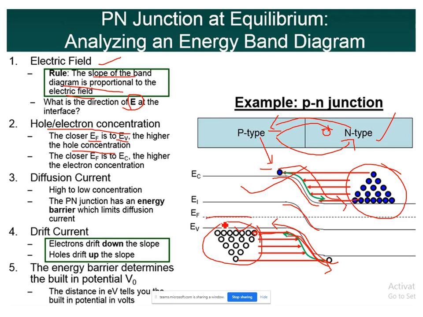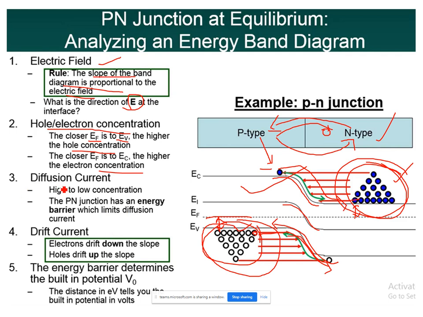So this is EF, and if EF is very close to this EV, then we can say the holes are too many in number. And the same case is with the electron also. If EF is very close to EC, then we can say that there are so many electrons, right? The concentration of electrons is very high, correct?